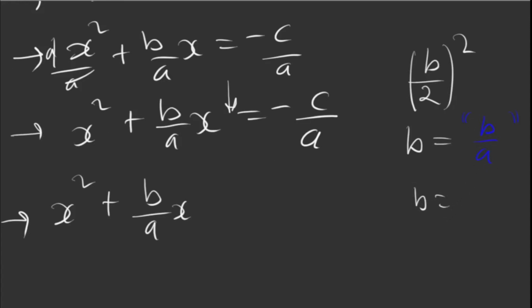So it will be something like this, divided by 2, and then you square it. This is what we are going to add here as our second b. From what we said about the completing square method, what you do to the left, you do also the same thing to the right.